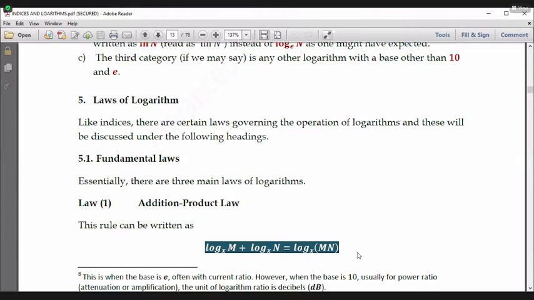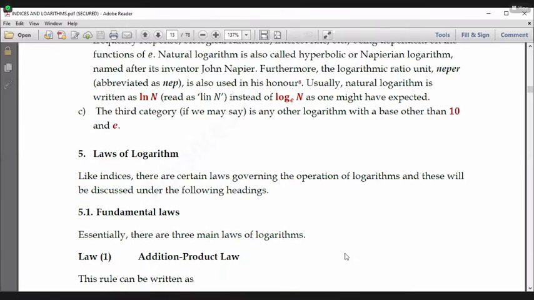Remember, it is log to base x of m plus log to base x of n. The sign between must be plus. It is not log to base x of m times log to base x of n. No. It is when I'm adding them, the same as when I'm getting the product, then getting their logarithms. That is what it means.